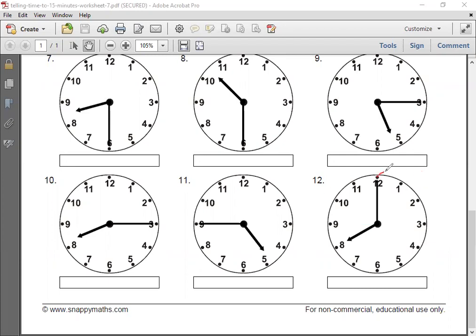Let's try. 5, 10, 15, 20, 25, 30, 35, 40, 45, 50, 55, 60, which means we have 60 minutes before 9 o'clock.